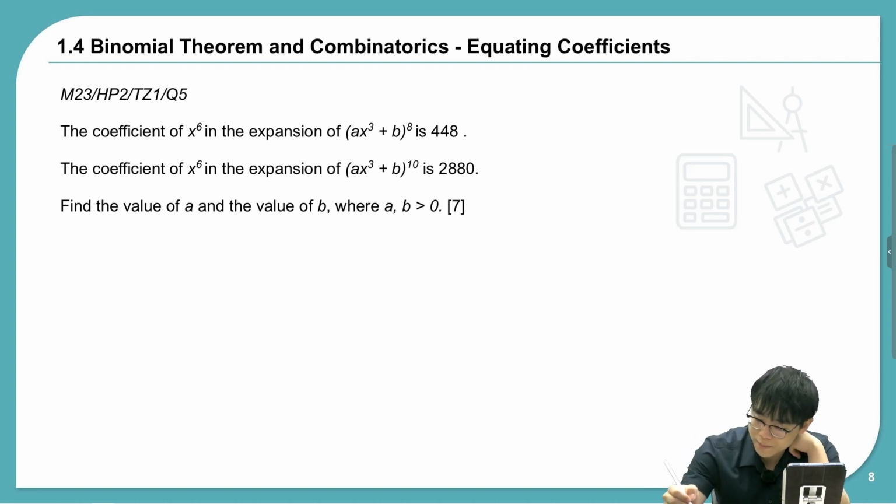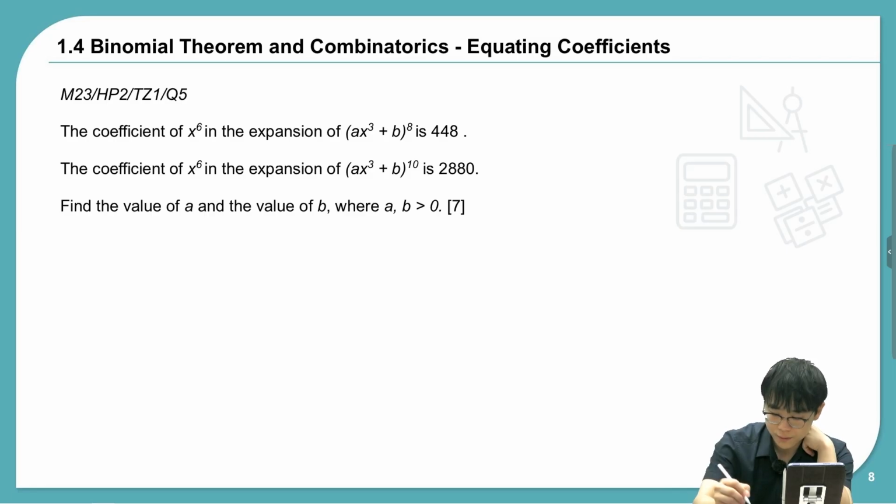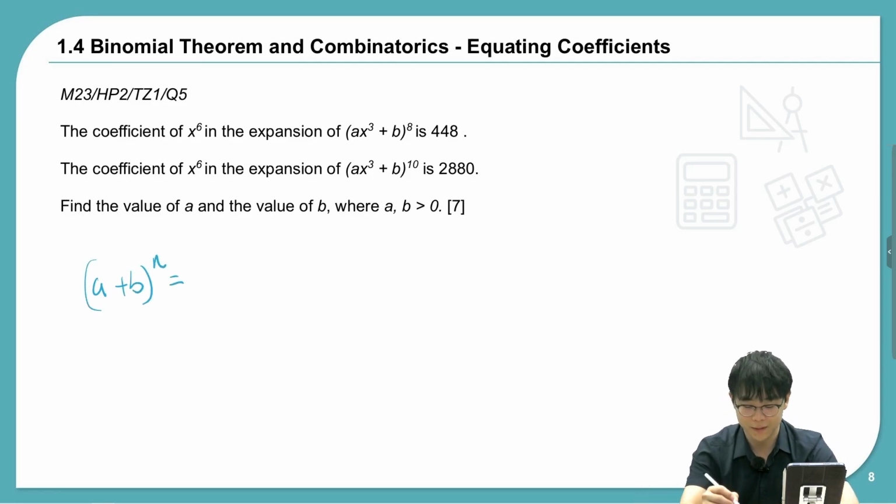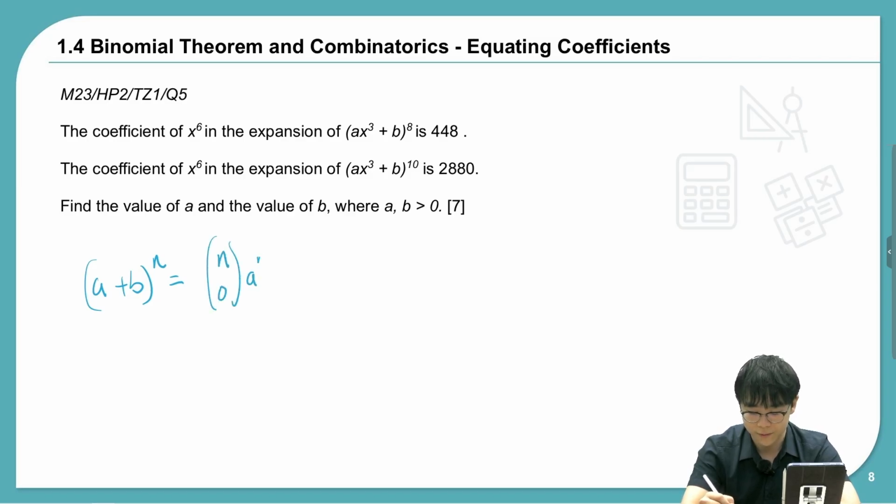So we know the binomial expansion formula, where it's just n choose r. Okay, so if you were to have a binomial term like a plus b, if you raise it to the power of n, we're going to get n plus 1 terms, right? So the first term we're going to get is n choose 0, and then we're going to get a to the power of n, then b to the power of 0.